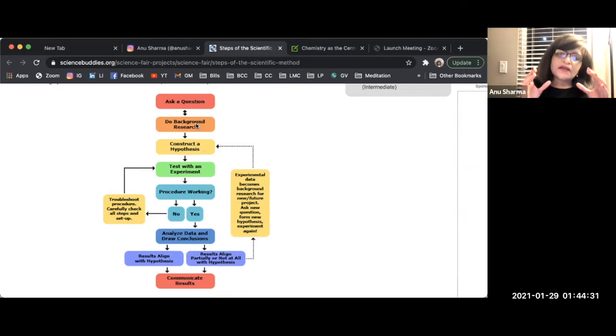Then there are three stages to experiments. One is the steps that you're going to conduct an experiment with. Next is the apparatus, the equipment, the measuring devices you are going to use to capture some data. And the last is analysis of data.